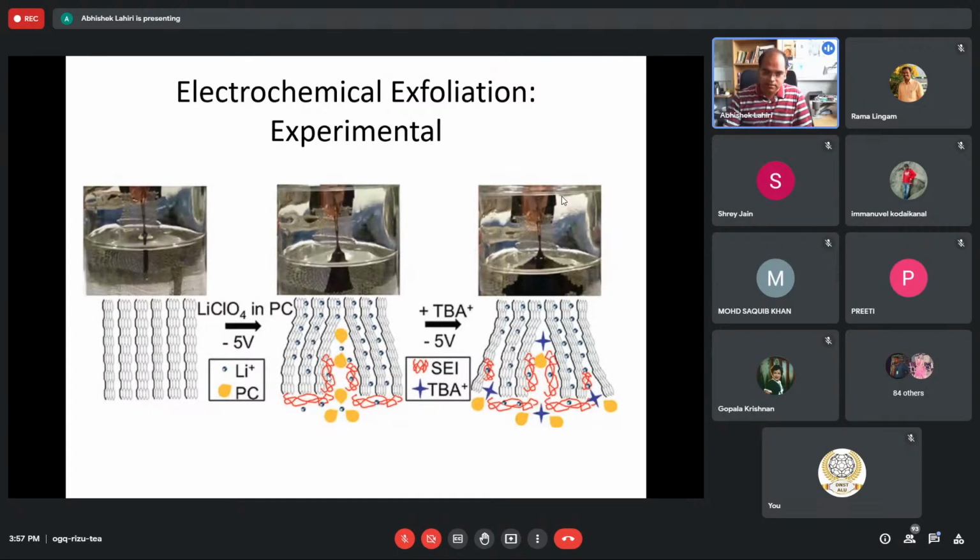So when you apply 5 volts, you are going to even decompose the solvent. And when you decompose the solvent, it is going to react with the lithium present in it. This reaction between lithium and the decomposed solvent will lead to the formation of SEI, and that will create impurities in your material.